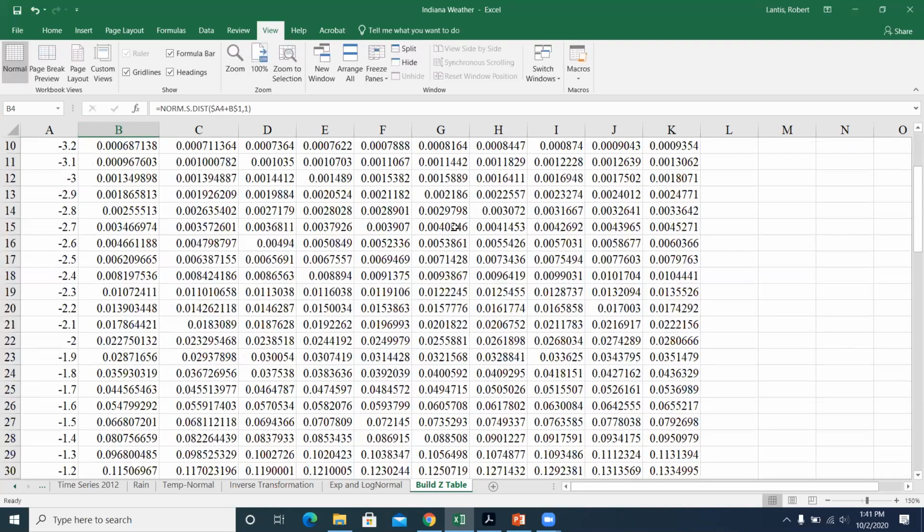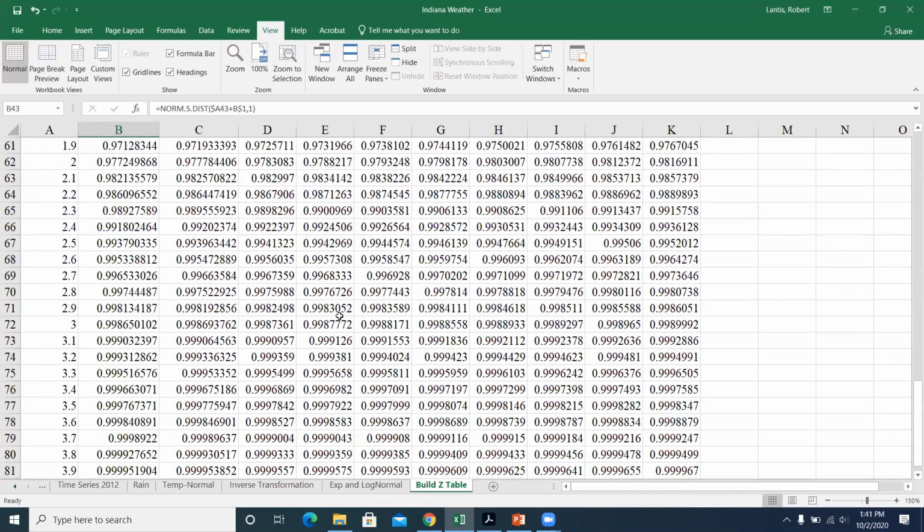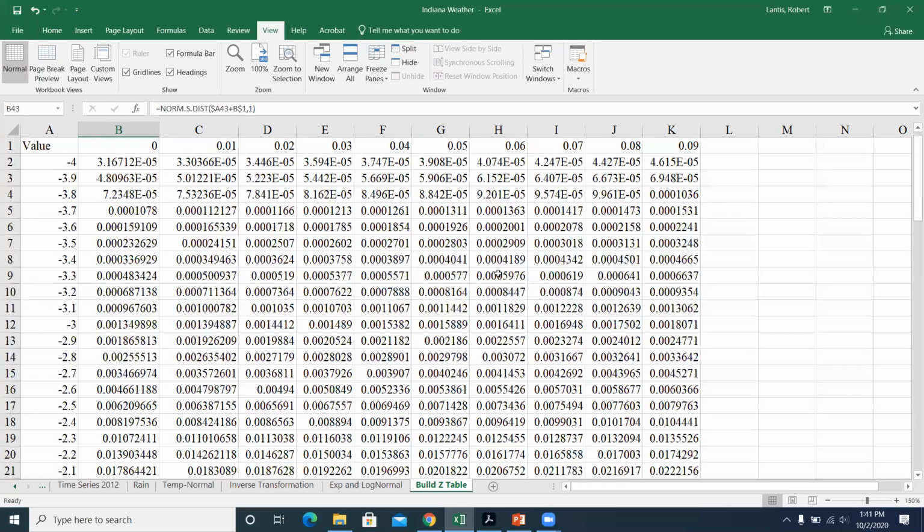And if I do that, hopefully, if I did things right, here's a good check. Once I get to 0, hopefully I'm getting 0.5, right? And once I get up to here, I should see things getting really close to 1. So yeah, if you had a little bit of knowledge about how to play around with the freezing of the cells, you can actually recreate that table in Excel.